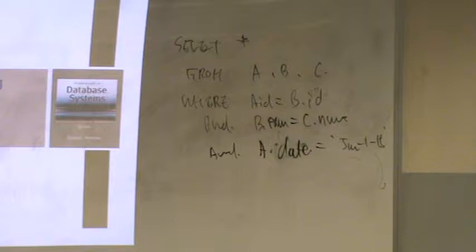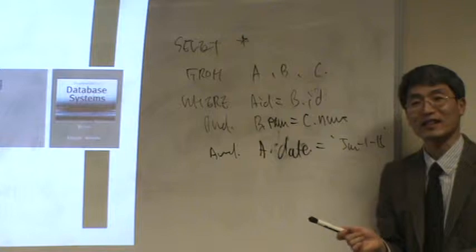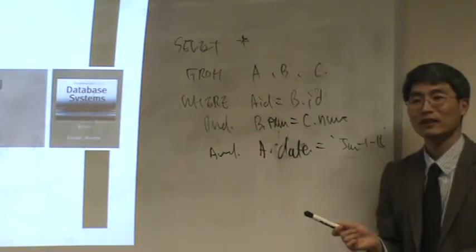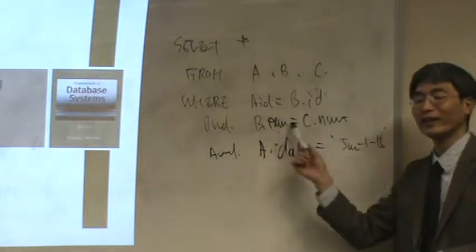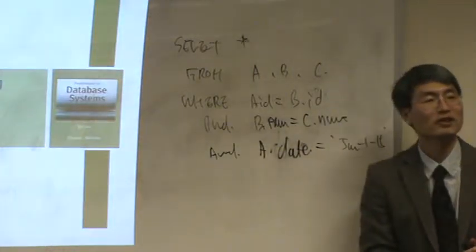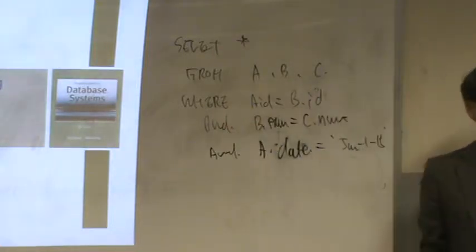Do you think how many different ways there are to access such data? How many different ways? You can consider A, B, C as city names, and the join condition as the highway connecting them, something like that. How many different ways are there to travel to A, B, and C cities?